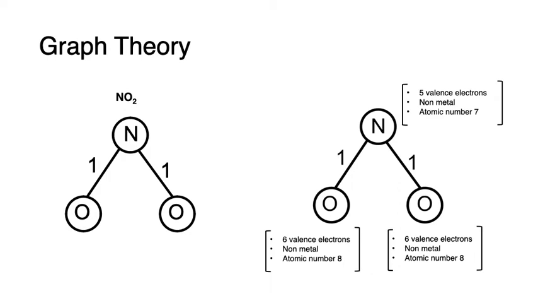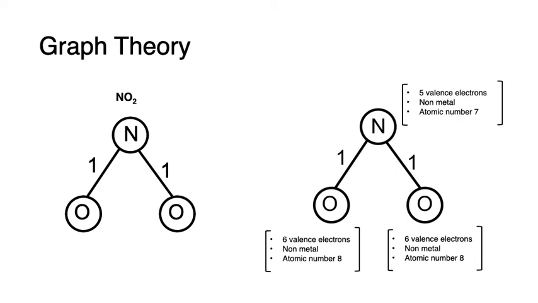Here we can see the nodes are labeled as N and O, and edges are labeled with 1. One thing we can notice here is that the same label can be used to represent different nodes. Similarly, the same label can be used to represent edges.